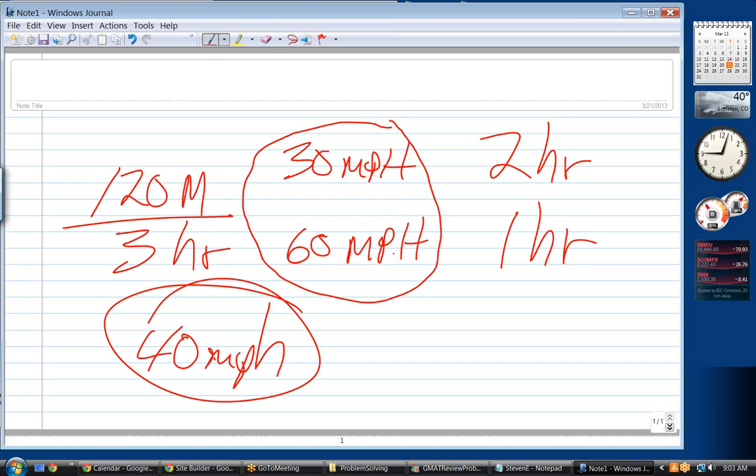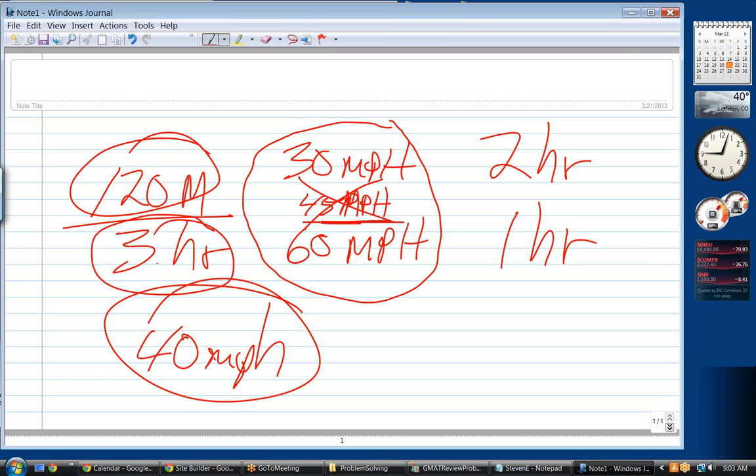On distance rate time problems, this is a frequent type of question where the instinctive answer would be to say 45 miles per hour is the average speed, and it's not the case. You always have to figure out the total distance traveled divided by the total time, and that gives you your average.